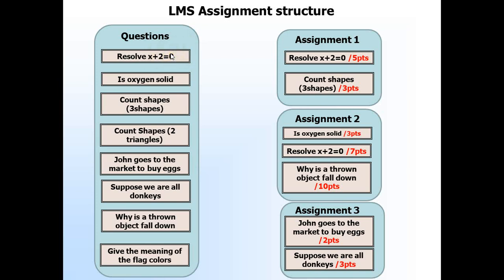The questions are of different types. There is a question that you ask a student, and the answer would be in one line. For example, you can say, what is the most important gas on earth?